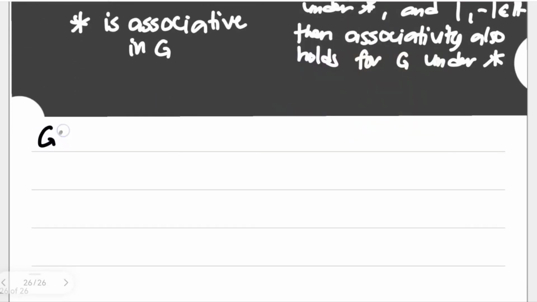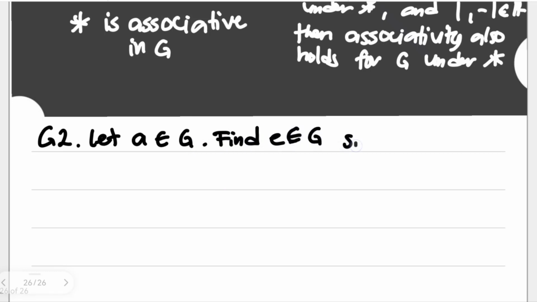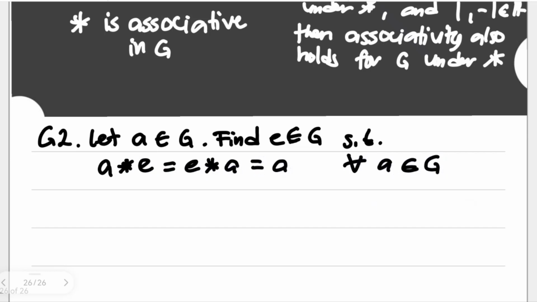So let's have G2. G2 is where we are going to look for the identity element. So let's have A element of our G. Find E, which is an element of G as well, such that A star E is equal to E star A equal to A for all A element of G. We know that our operation star is actually usual multiplication, and we know that the identity for usual multiplication is 1, and that is already an element of our G here.